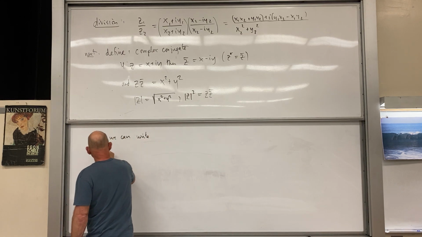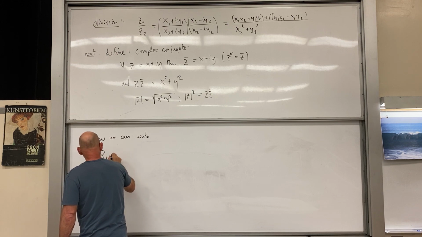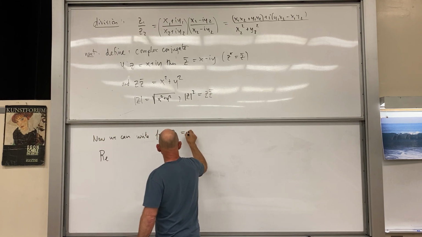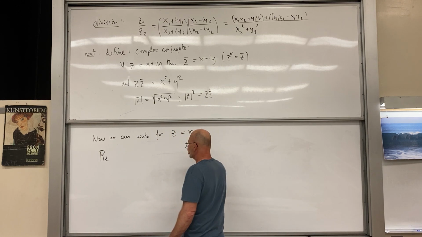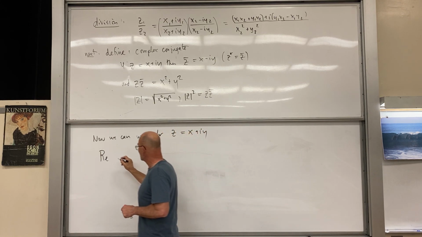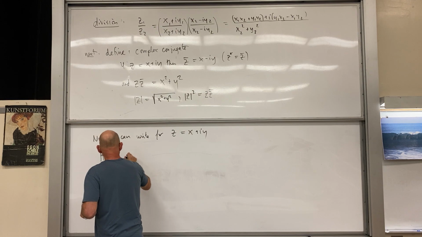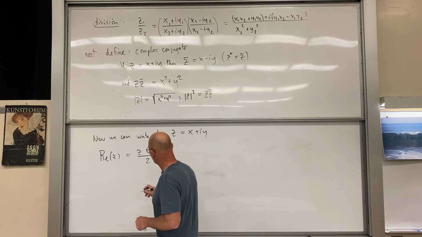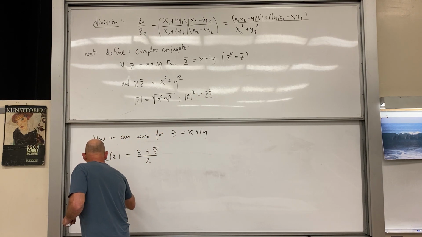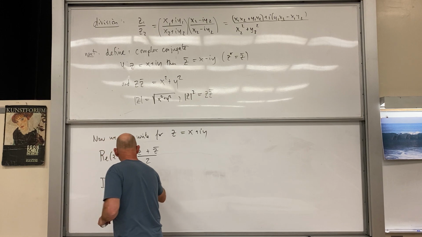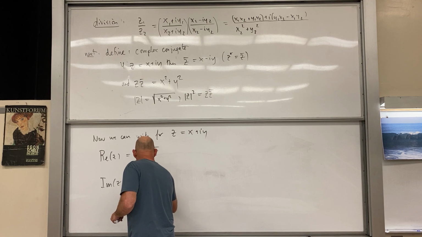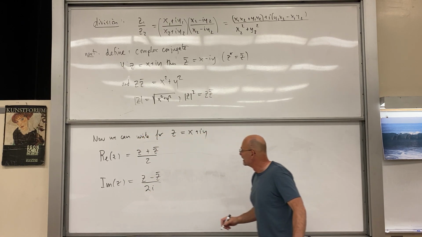Given z, I'll just write this, x plus iy in general, the real part of z can be written as z plus z complex conjugate divided by 2, and the imaginary part can be written as z minus the complex conjugate of z divided by 2i.